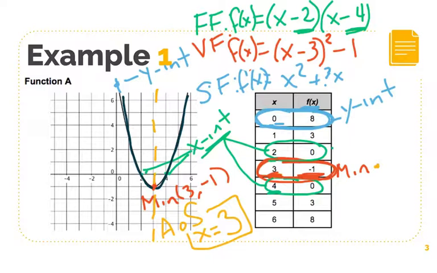What I know for sure is that my y-intercept of 0, 8, if both of these x values were 0, I would still be left with a +8 at the end.